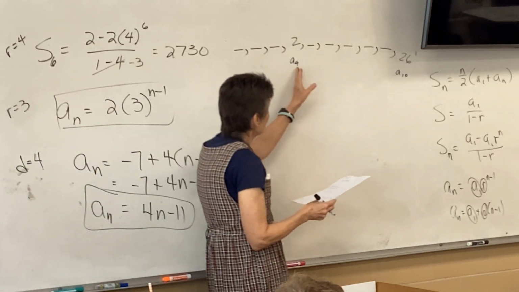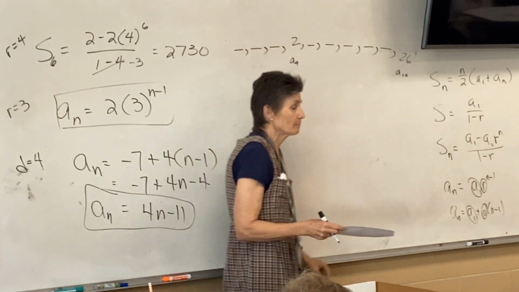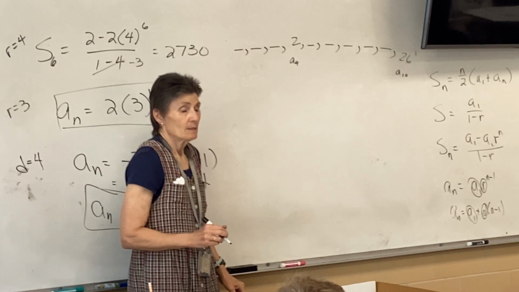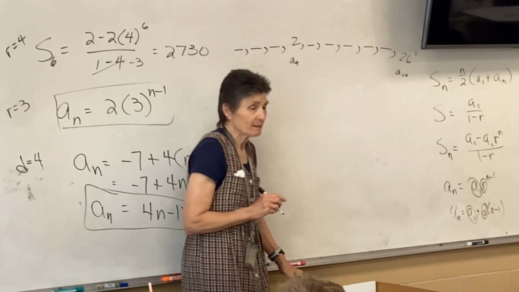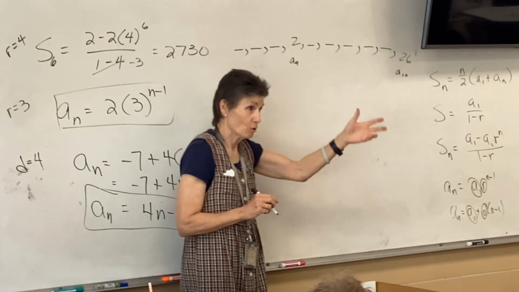The 4th term is 2, and the 10th term is 26. Okay, now, what does arithmetic mean again? Add the same thing over and over again.